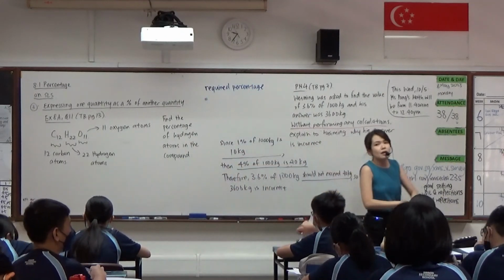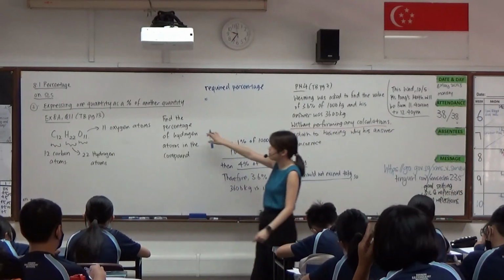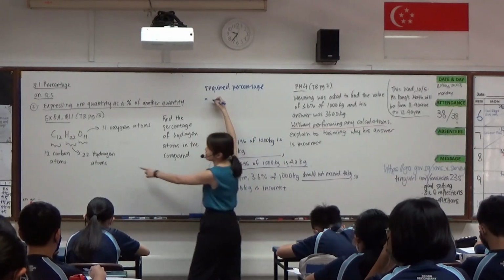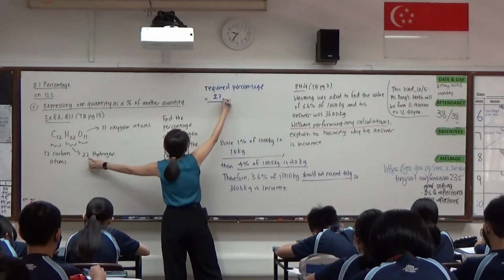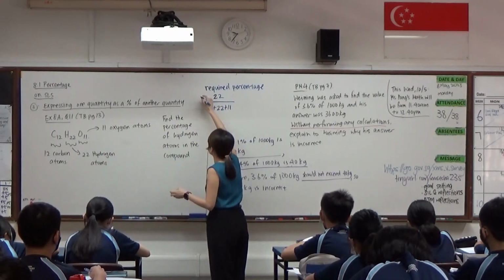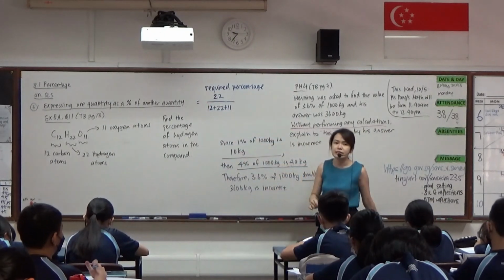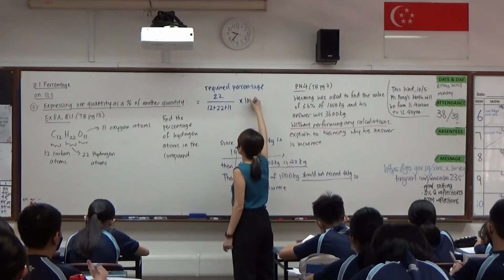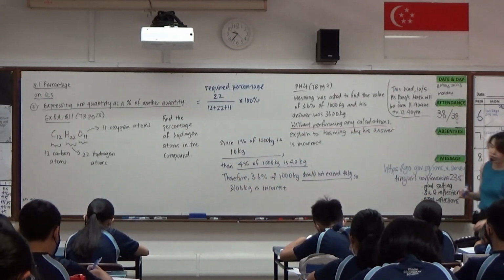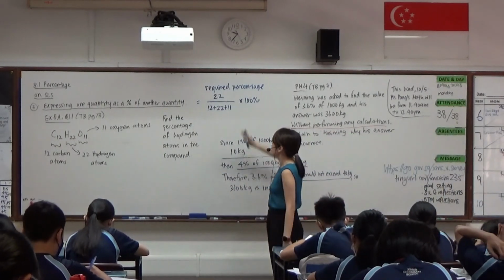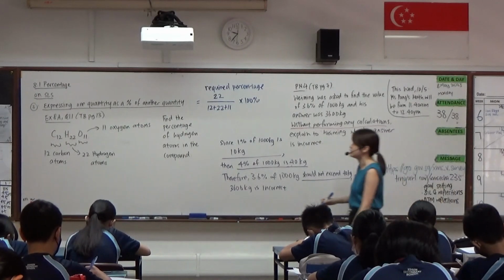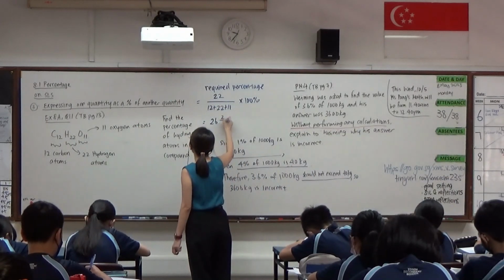Required percentage in this question refers to the percentage of hydrogen atoms in the compound, and that is found by taking 22 hydrogen atoms out of the total number of atoms in the compound, followed by multiplying by 100%. Then you can key the entire thing into your calculator without the percentage sign.